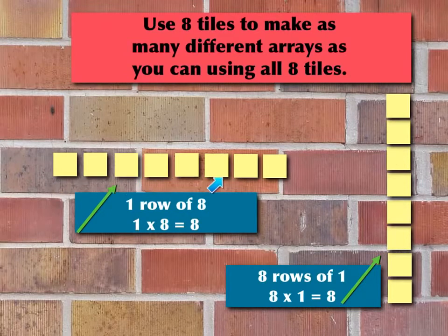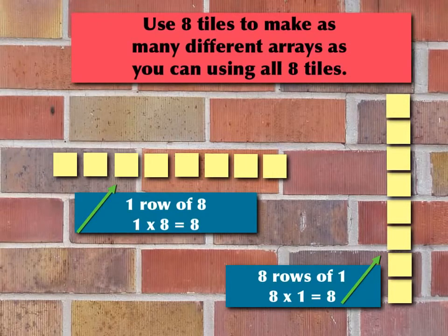So we've got 8 tiles in this row, and we've got one row of 8 tiles. That gives us one row of 8, and that's equal to 1 times 8, because we have one row times 8 tiles, and that equals 8.